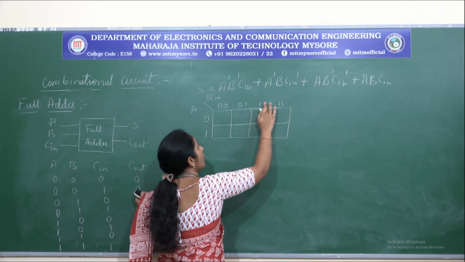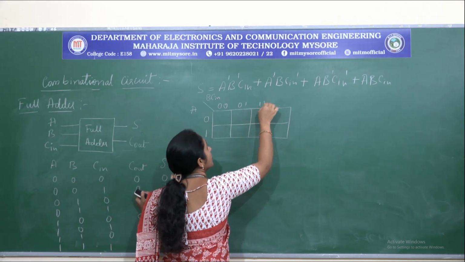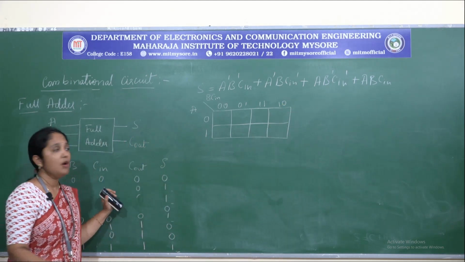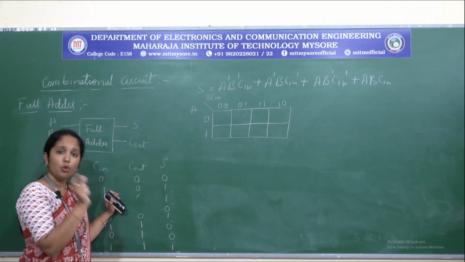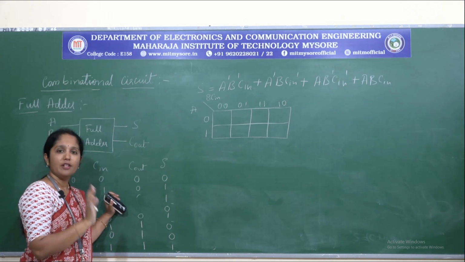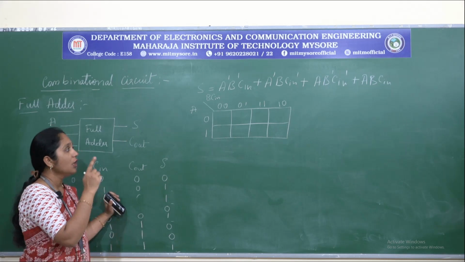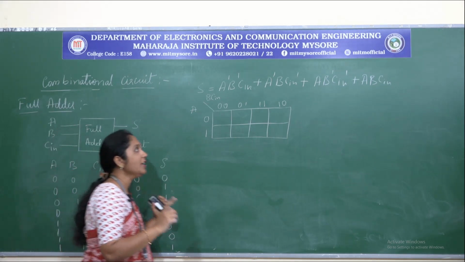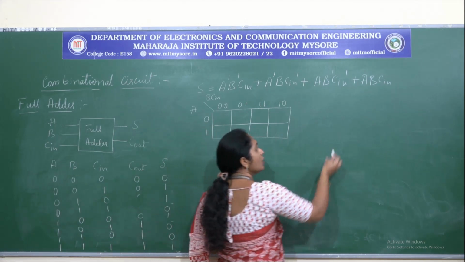We are going to use gray code because in order to reduce any expression, we need to have 2 terms which differ by 1 literal. So they should have logical symmetry. If you want to reduce, you need to have a difference in only 1 literal.